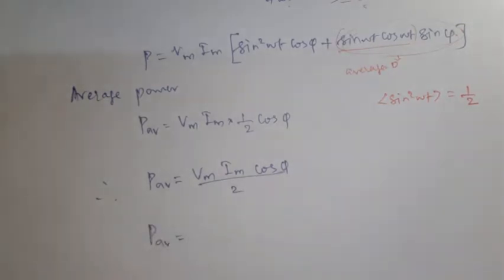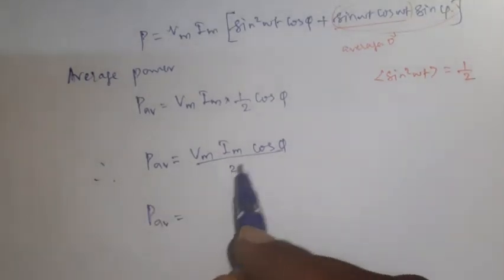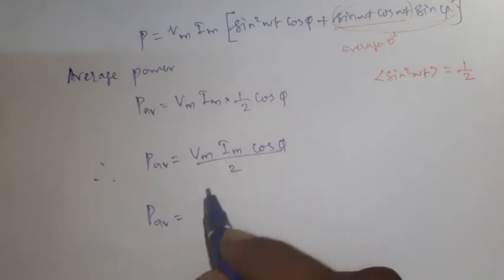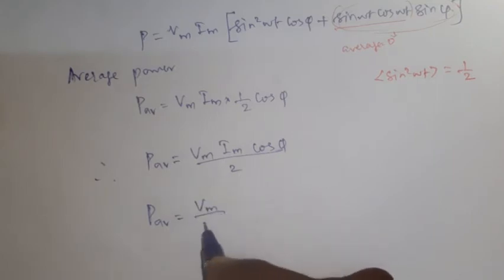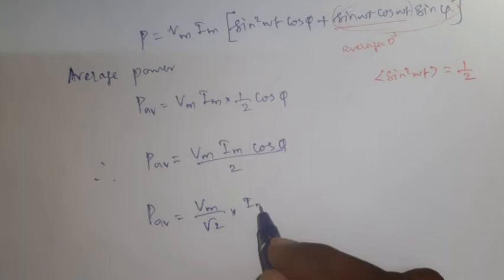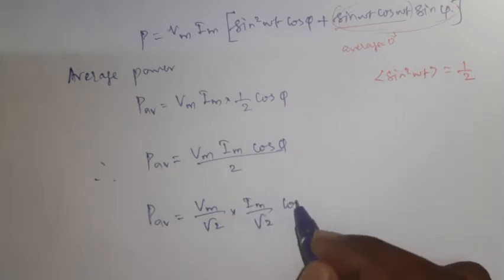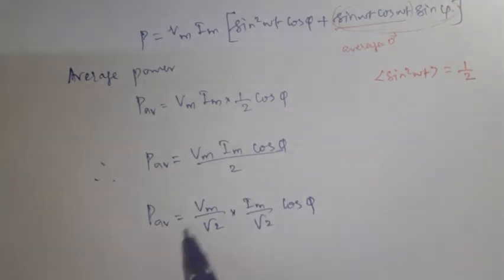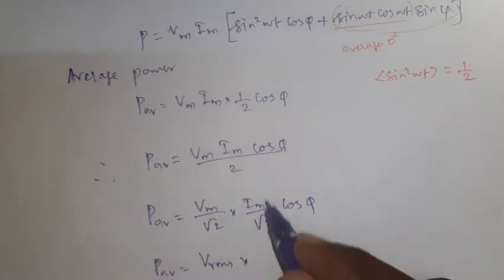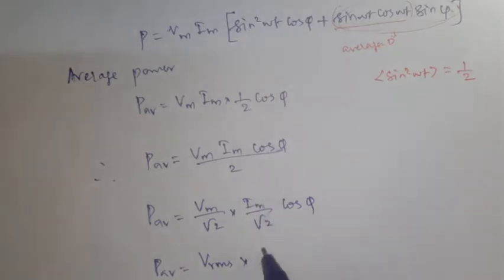PAV is equal to, now this 2 we can split up into root 2 times root 2. So Vm by root 2 into Im by root 2 into cos phi. This Vm by root 2, as we already know, is the VRMS voltage, and this Im by root 2 is IRMS, root mean square current, then cos phi.